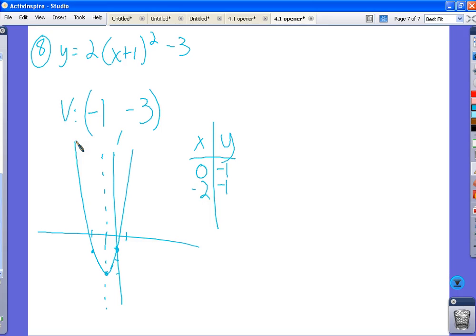Why would it go to the right? It's negative. How do you make this 0? You put in -1 with x. And then also for that one, what makes that 0? 2 makes it 0. Okay.